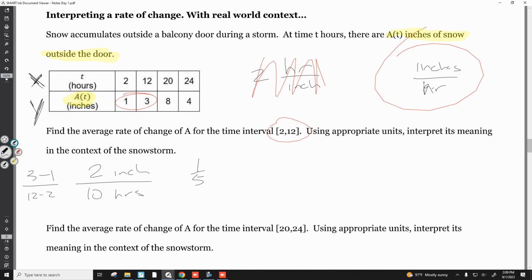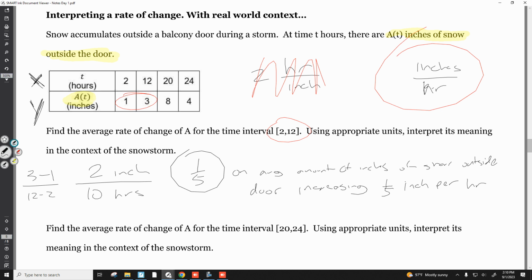I will say, on average, the amount of inches of snow outside my door is, now we use a number, is increasing by 1/5 of an inch per hour, per 1 hour. Not 1 inch every 5 hours, it's 1/5 of an inch per 1 hour. Put that over a big fat 1.